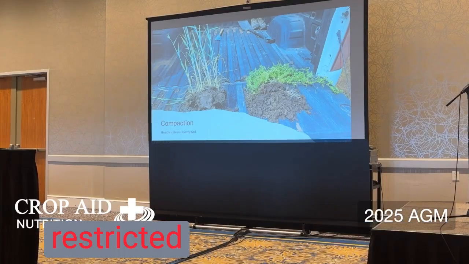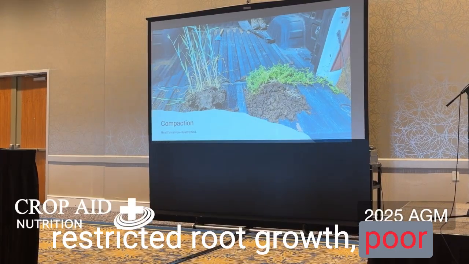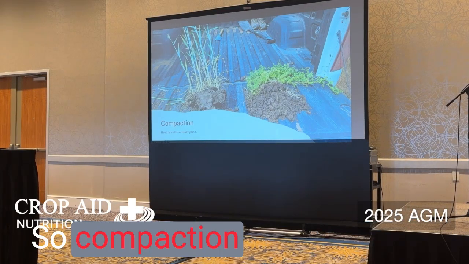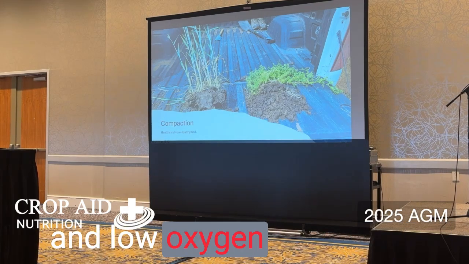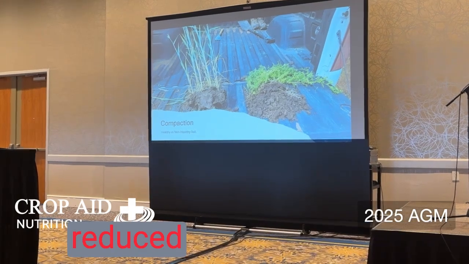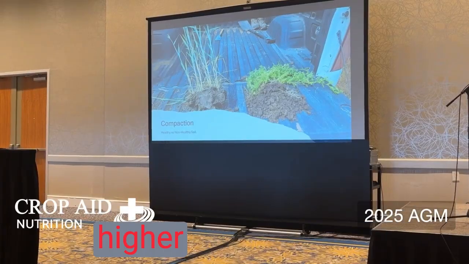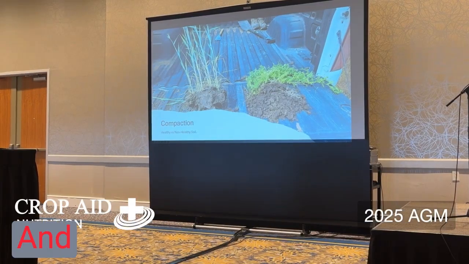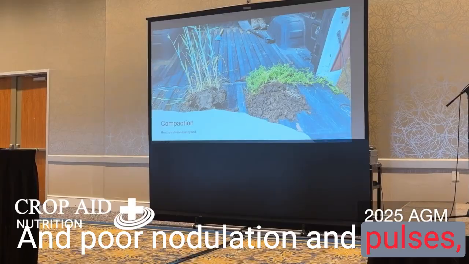There's obviously restricted root growth, poor aeration, so low oxygen levels. So compaction pushes out air, and low oxygen means low microbial activity, reduced nutrient cycling, higher denitrification losses in wet years, and poor nodulation of pulses.